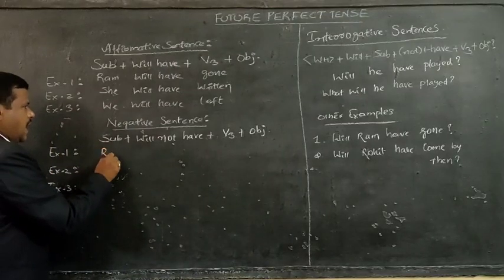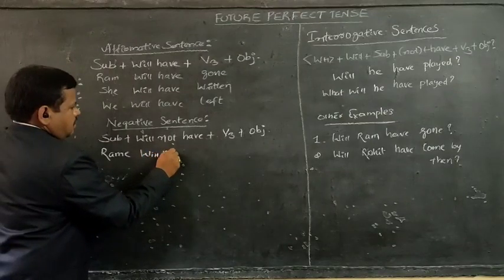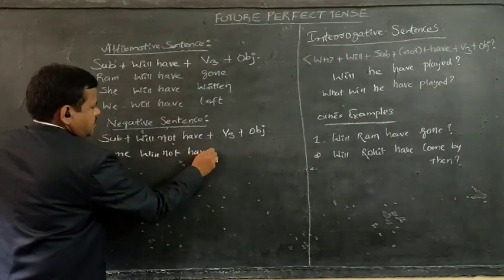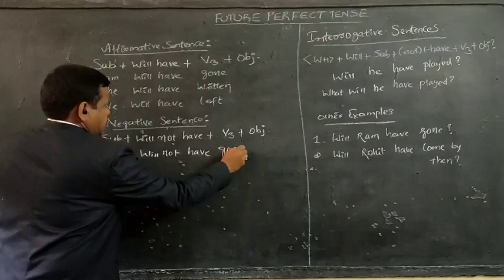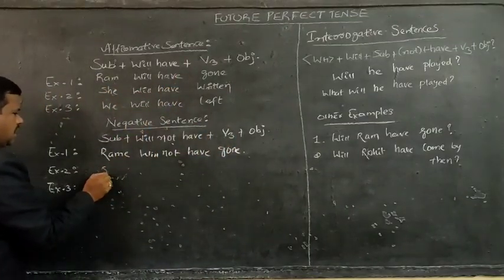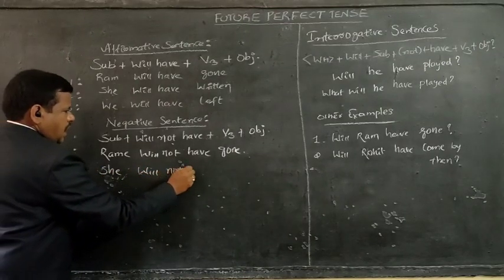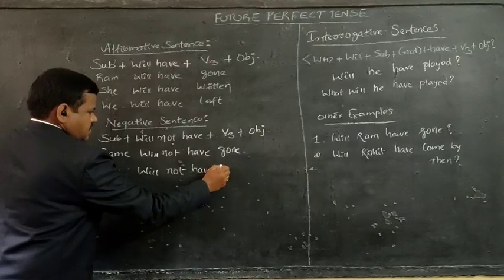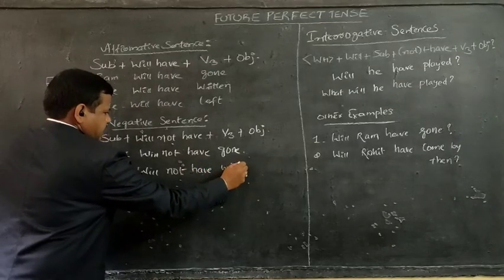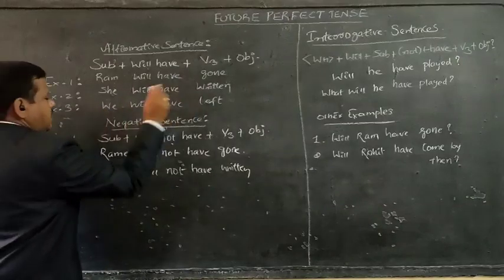First one, Ram will not have gone. This is the first example. Example number two, she will have returned. She will not have returned. This is the second example. Example number three, we will have left.